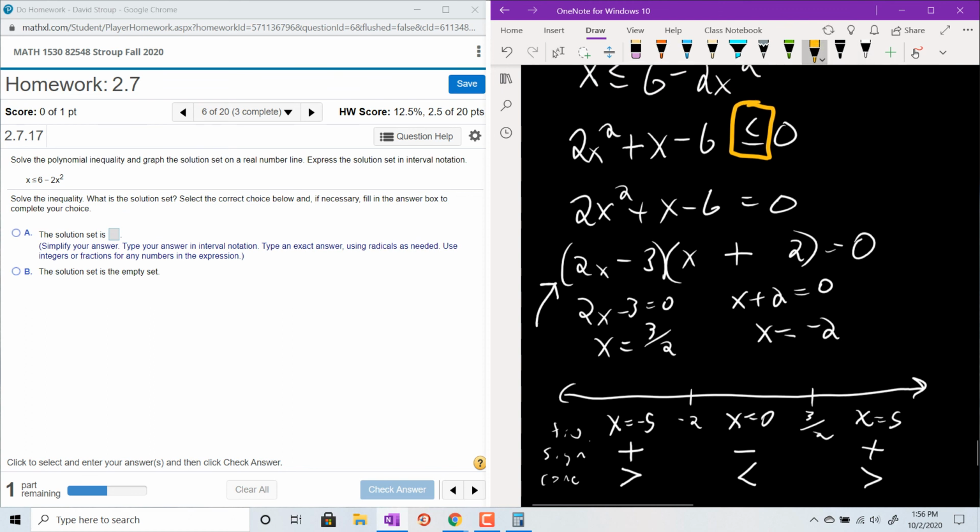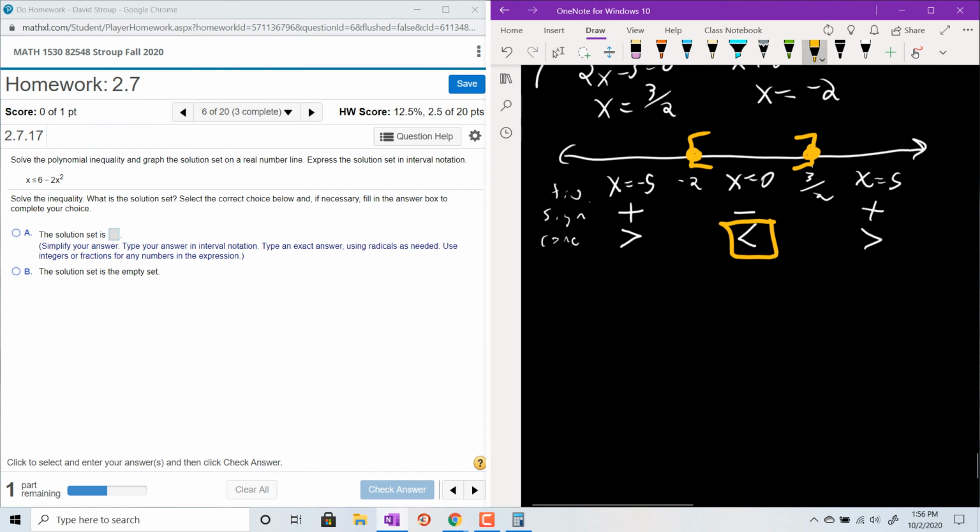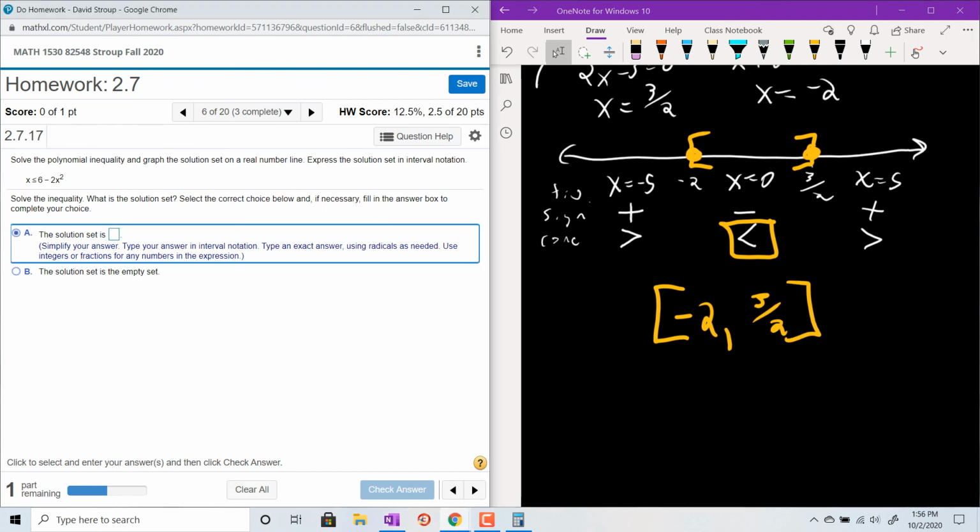Our solution then matches with the inequality from the original there. So we want this interval, and the line underneath means these are kind of included. So you know, closed dots or brackets, whichever you prefer. And so our solution interval will be from -2 to 3/2. Okay. So let's try it.